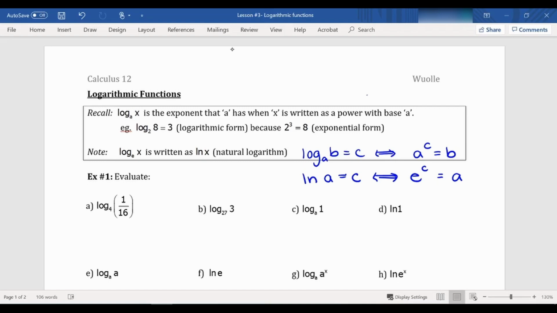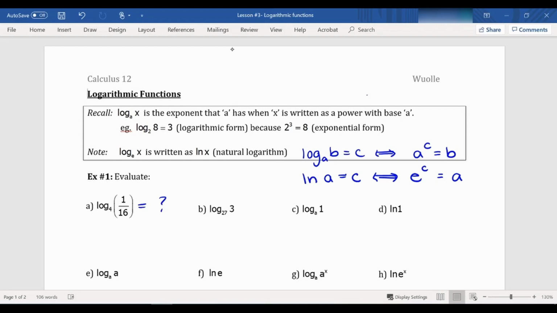Okay. So if I want to evaluate some logarithms, what we're really looking for is: the base to what power gives me the inside stuff. This first one, we have log base 4 of 1 over 16, and we want to know what this equals.